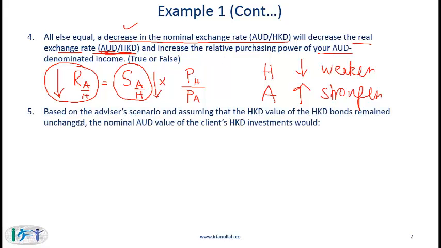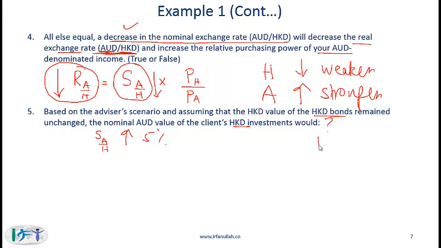Next, based on the investment advisor's scenario and assuming that the Hong Kong dollar value of the Hong Kong dollar denominated bonds remained unchanged, the nominal Australian dollar value of the client's Hong Kong dollar investment would be how much? This question is fairly straightforward because we are assuming that the Hong Kong dollar value of the bond remains the same.